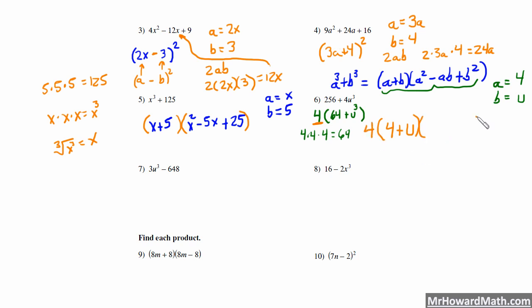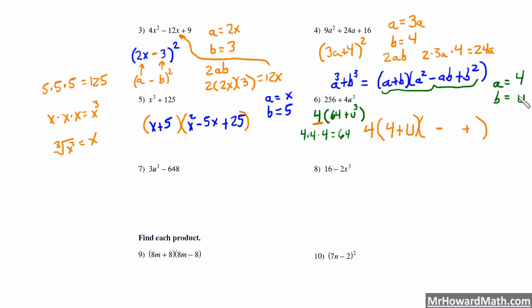And then we have a trinomial in the second factor. Since this is the sum of two cubes, we alternate these two signs right here. So it's going to be plus, minus, and then this sign is always a plus. So it's plus b squared at the end.